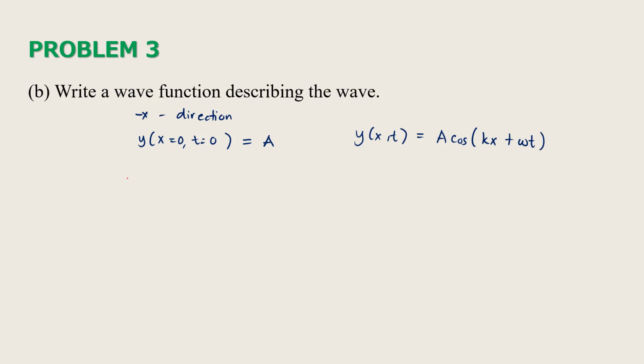Previously, we have obtained the value of k, which is equal to 19.63 radians per meter.